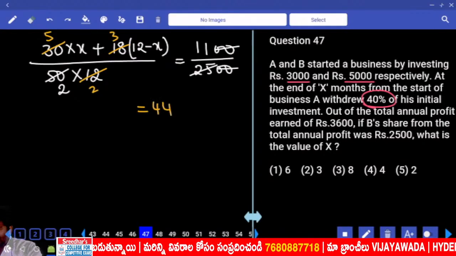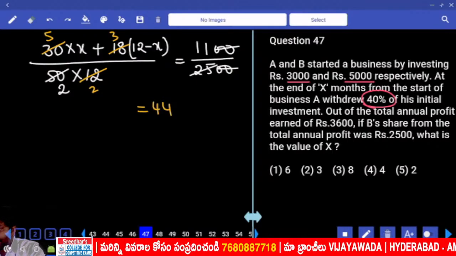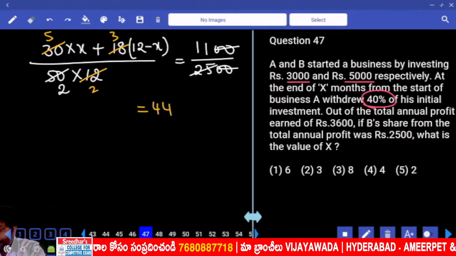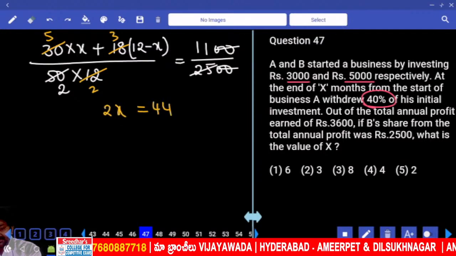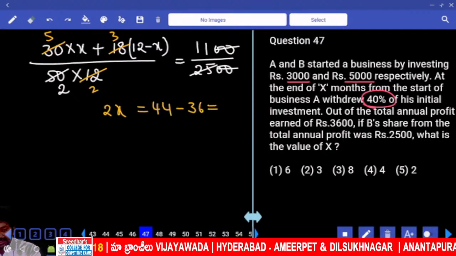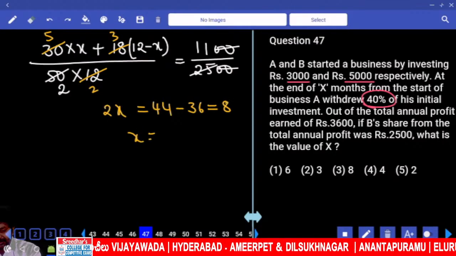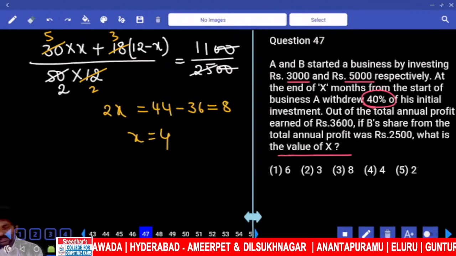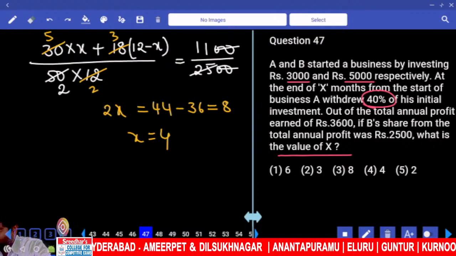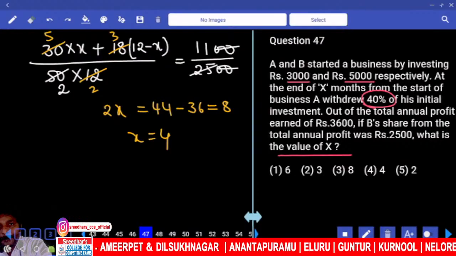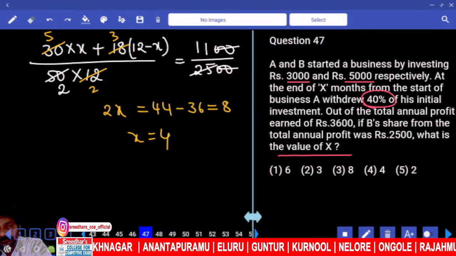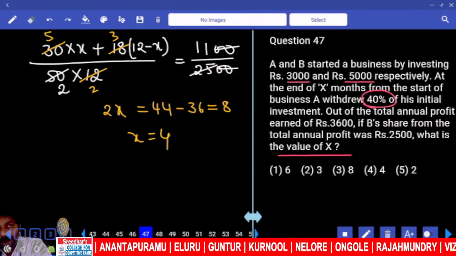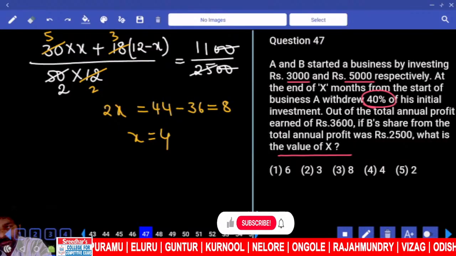Left hand side 3x plus 36 minus 3x. 5x minus 3x plus 36 goes to the other side. That becomes 8. Then x is equal to 4. The question is about the x value, which is 4. Clear?